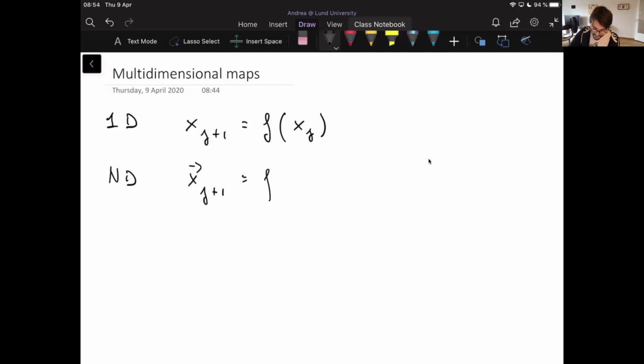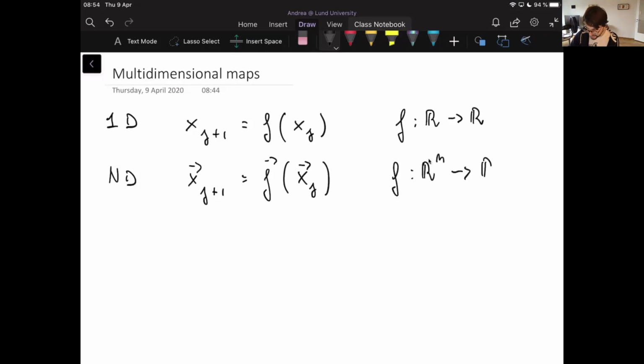So you have many dimensions to your system, okay? So f here goes from R to R, and in this case, f goes from R^n to R^n. This relates to fractals because fractals are complex maps. And then you know that R^2 is homeomorphic to the complex plane.